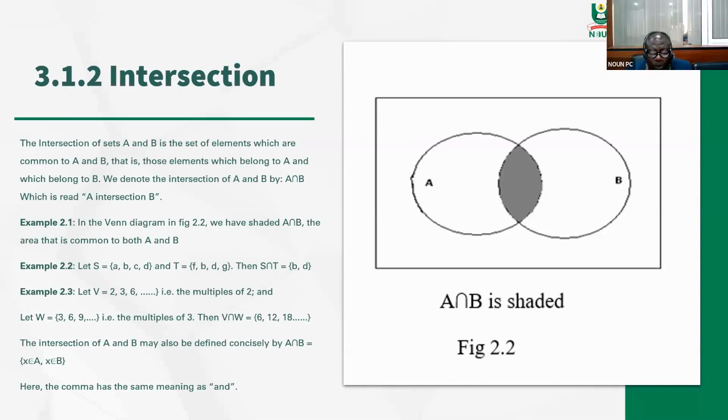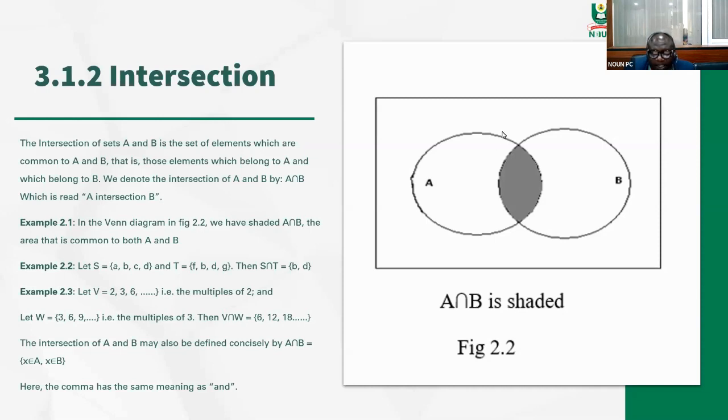When you're using the union operation, you make use of or. When you're using intersection, you use and. Am I communicating? Yes, sir. Thank you.